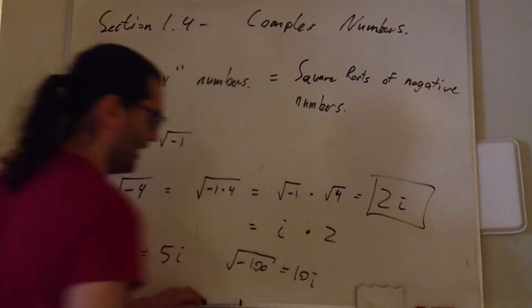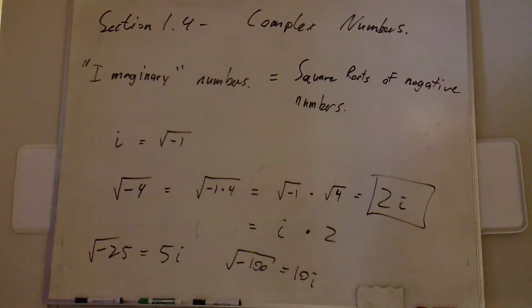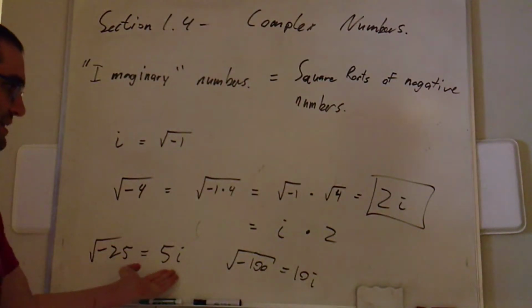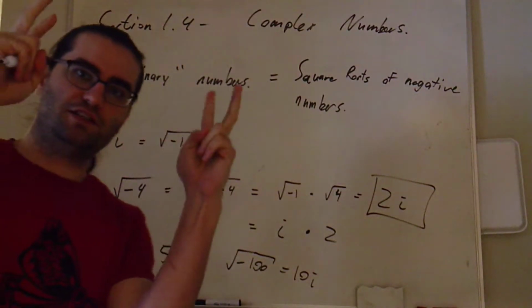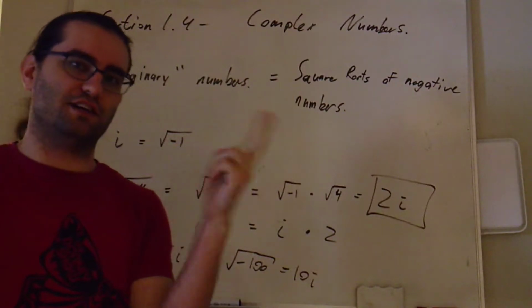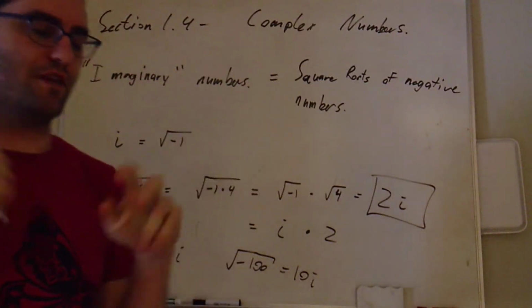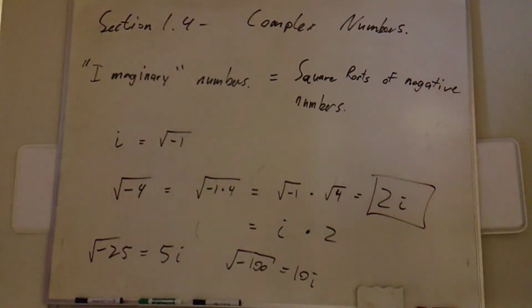that's 10i. So we're basically taking the square roots of these numbers as if they were regular positive numbers that we could take the square root of. And because they are negative, we are attaching an i to them to indicate that these numbers are imaginary. I guess somehow more imaginary than the rest of numbers. But now is perhaps not the time for me to go on angry rants about naming conventions.